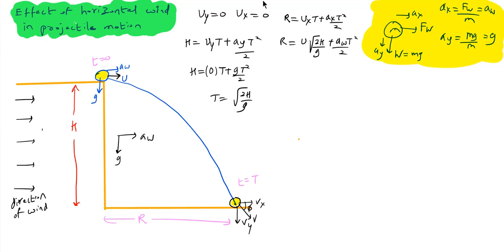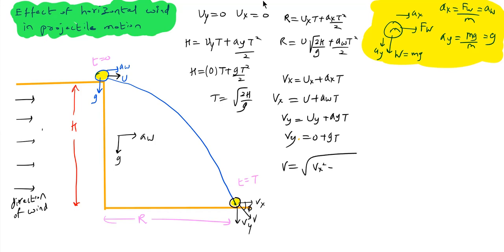And what about the speed? With what speed will it come and strike the ground? v_x equals u_x plus a_x into t. This will be u plus a_w t. What is v_y? v_y equals u_y plus a_y into t. This is 0 plus g t. So what is the speed? The vector sum of the horizontal as well as vertical components. So what is v, the speed with which it will strike the ground? v equals the square root of v_x squared plus v_y squared, where v_x is u plus a_w t, and v_y is g t.